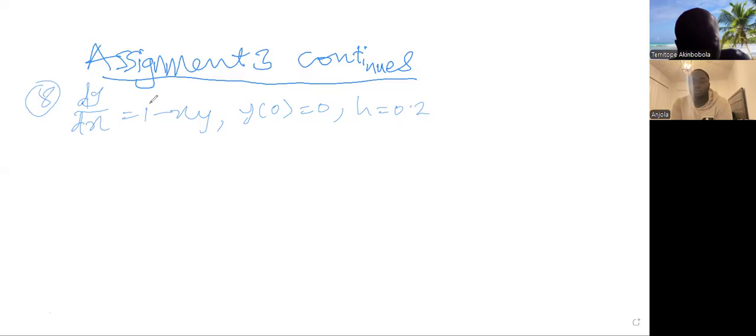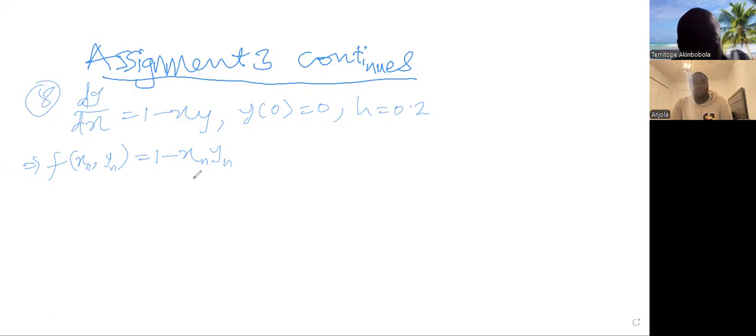Now, this differential equation given to you, we will express it as a function of x and y. So let me just generalize it by saying f of xn, yn equals 1 minus xn yn. That's the differential equation given to us.